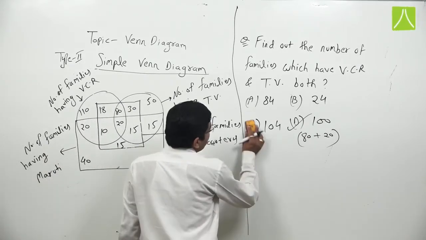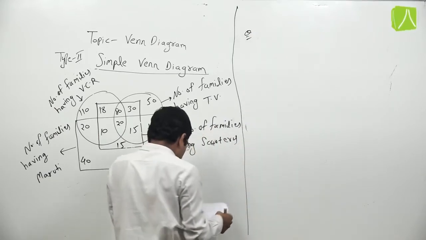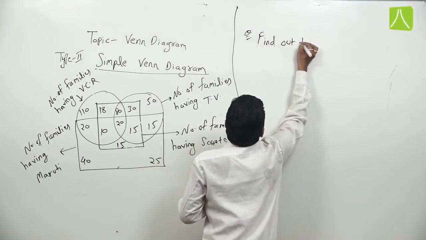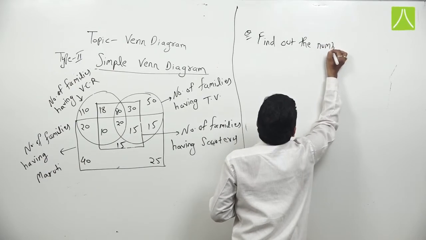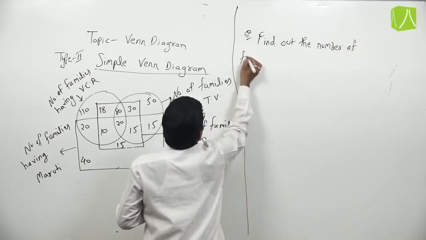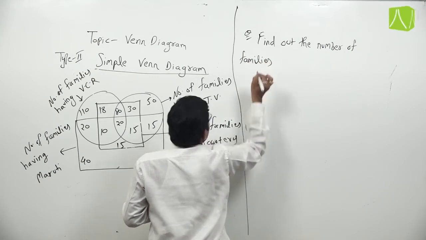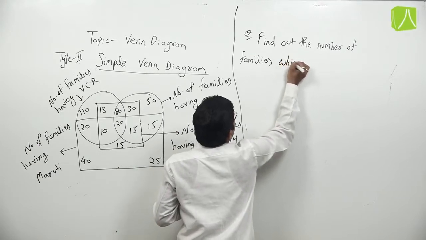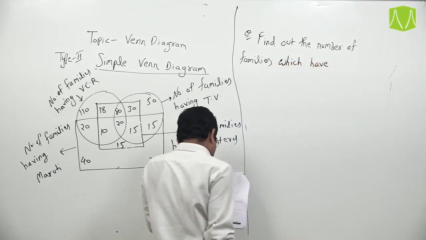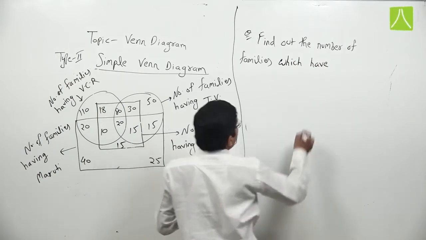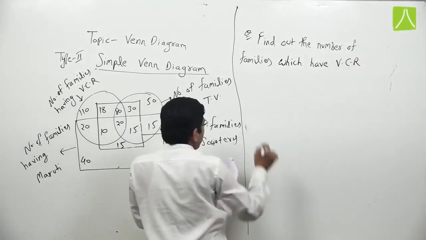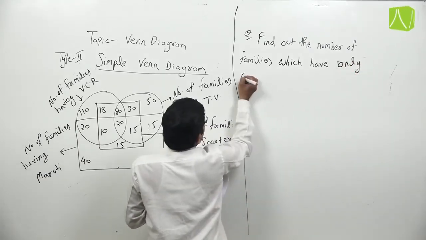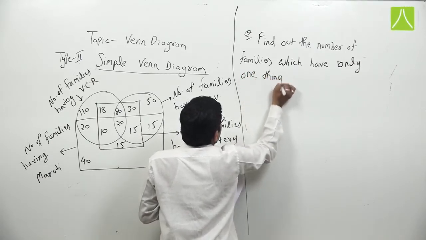Now take the next example. The question is, find out the number of families which have only one thing.